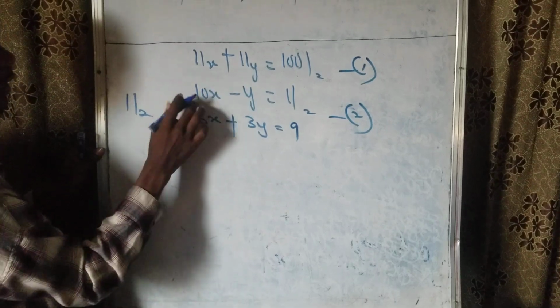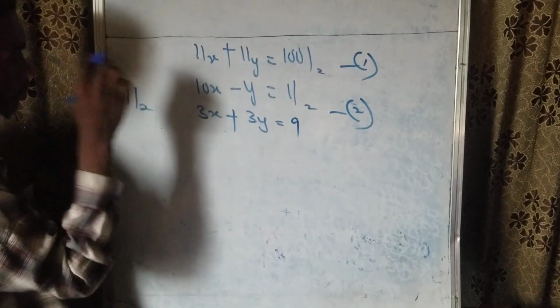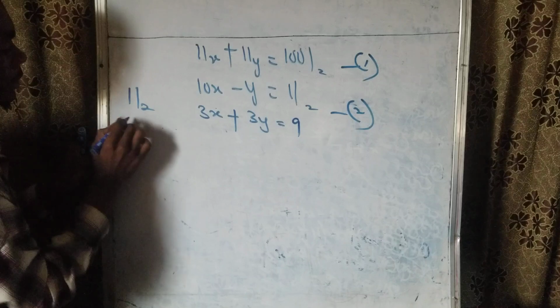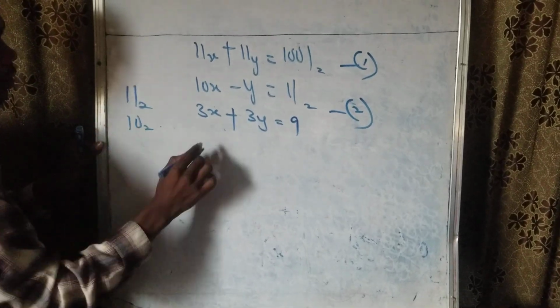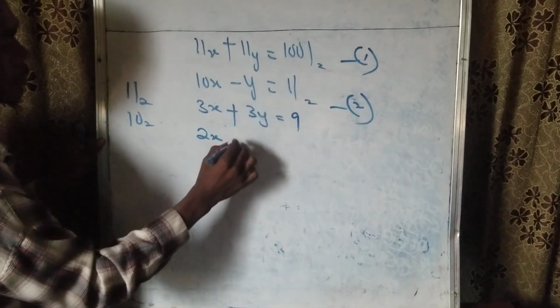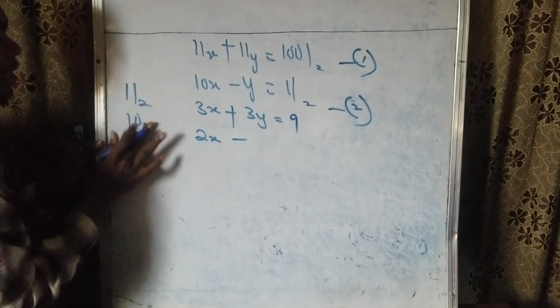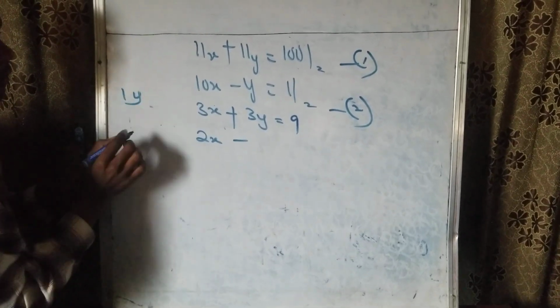So here, 10 converted from base 2 to base 10: 1 times 2, 2 plus 0. So here is 2x minus, if you convert this one, here is 1y. Do you get what I'm trying to say?